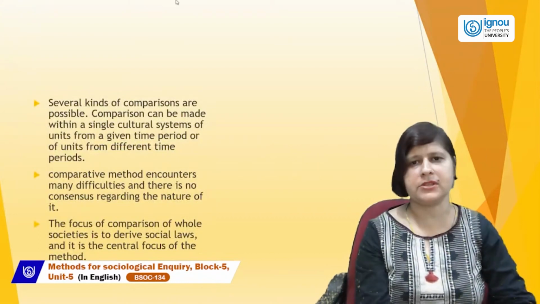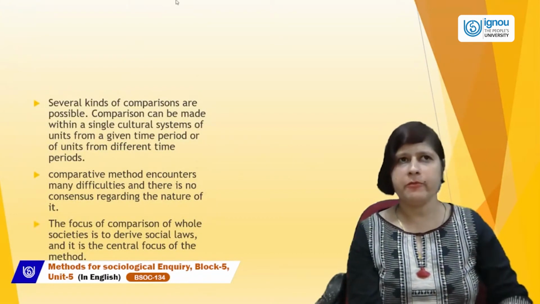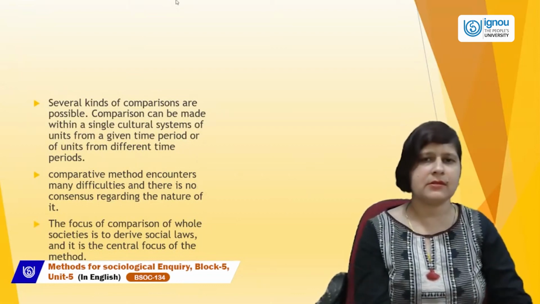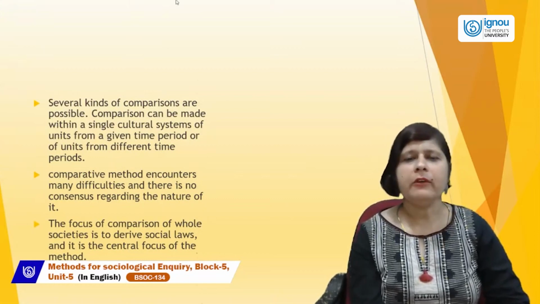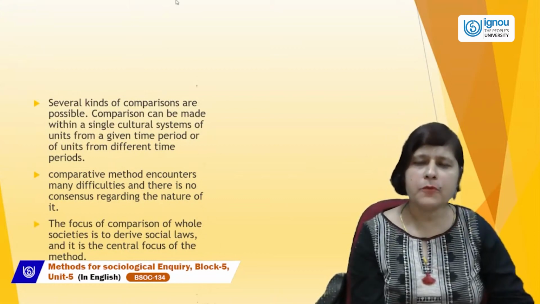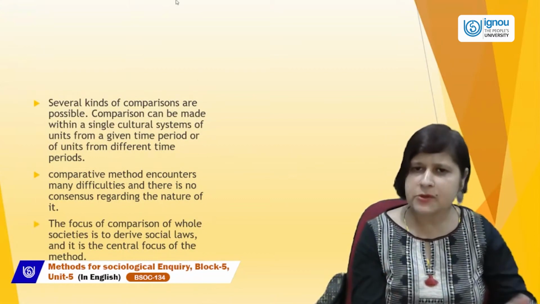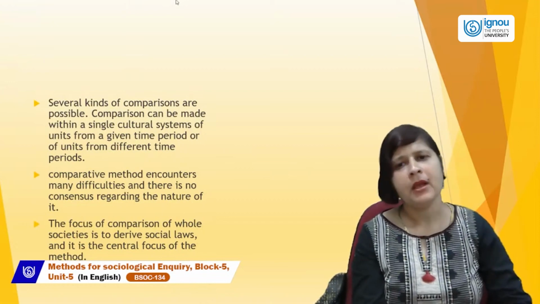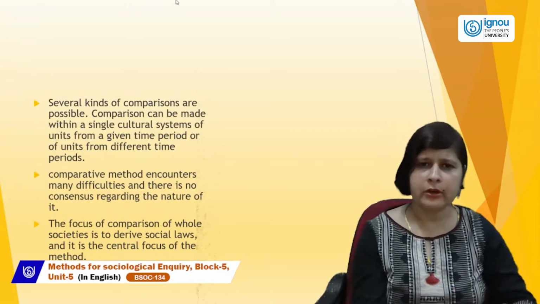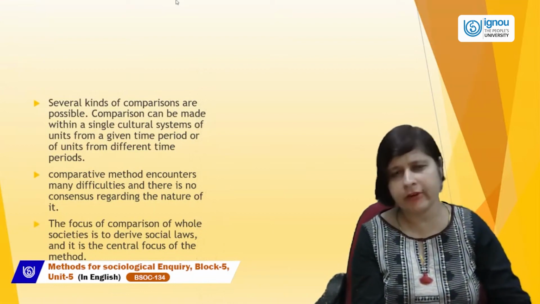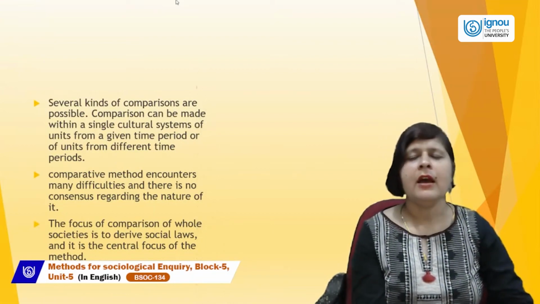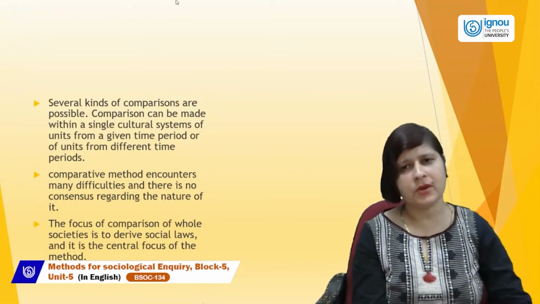Let me summarize the comparative method before starting another topic. In the comparative method, you compare two or more groups or societies, or the same society at different times or for a given time period, and after comparing, you generalize your result.